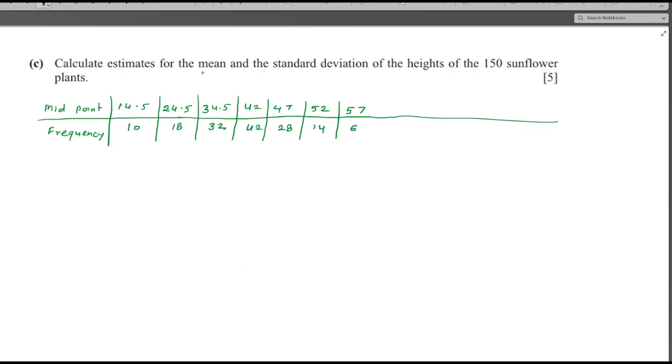Now I have to find the mean. We know that mean is the summation of x into f divided by the summation of f.